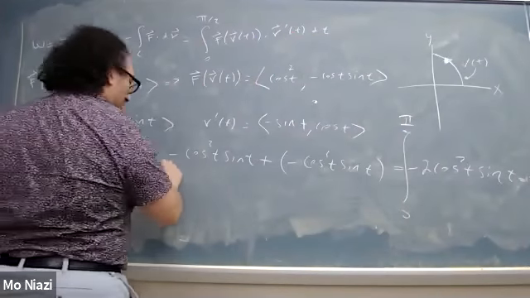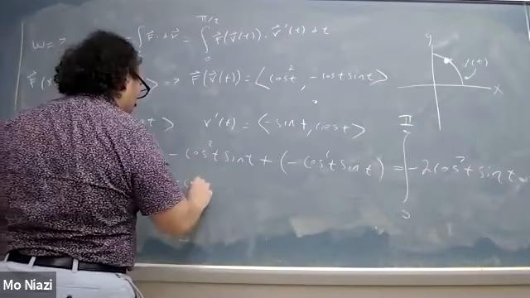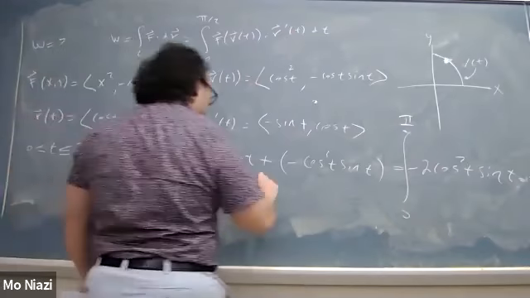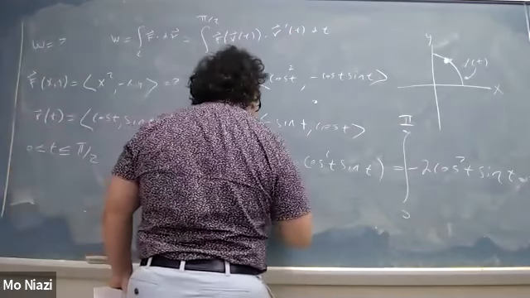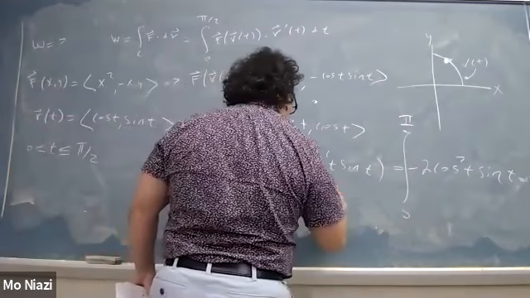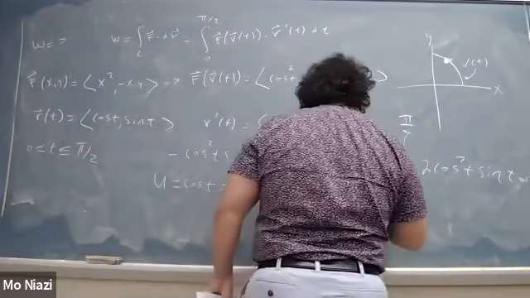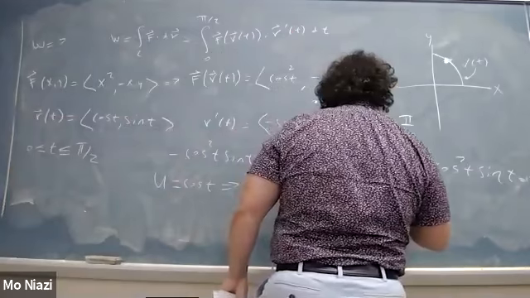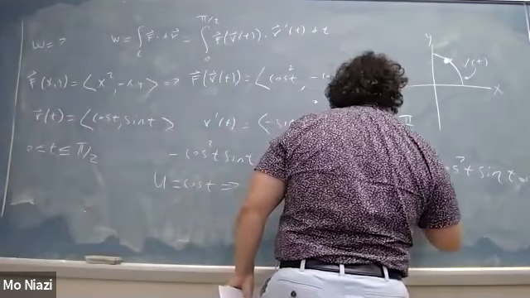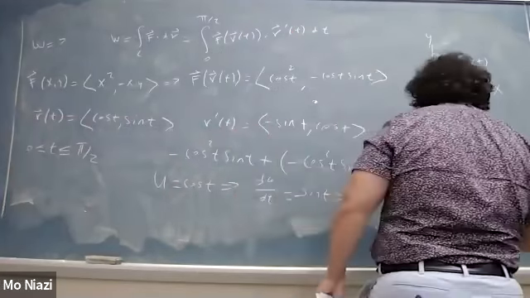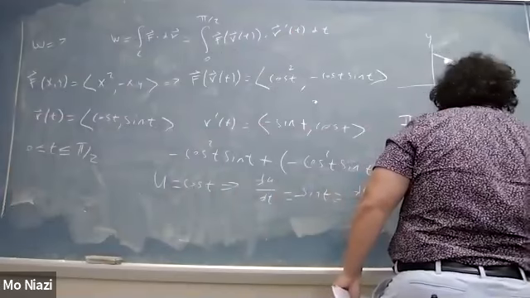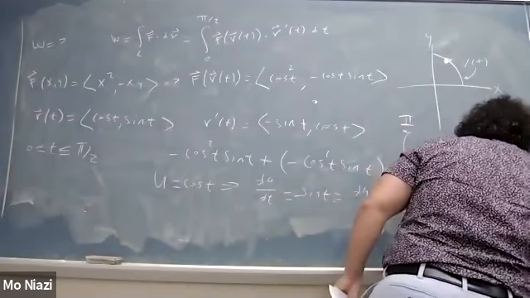So let's take the integral of that. Well, we can use u substitution. Let u equal cosine of t. That implies du/dt, the derivative of cosine, is negative sine of t. That implies that du is equal to negative sine of t dt, so dt is equal to negative du over sine of t.